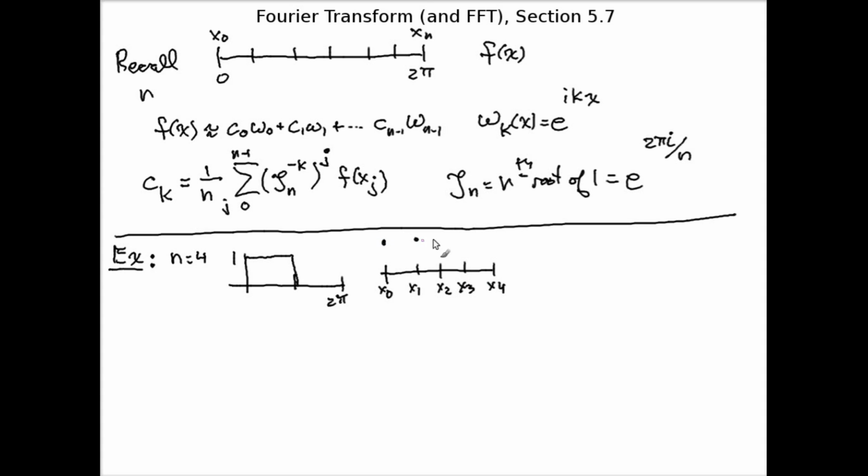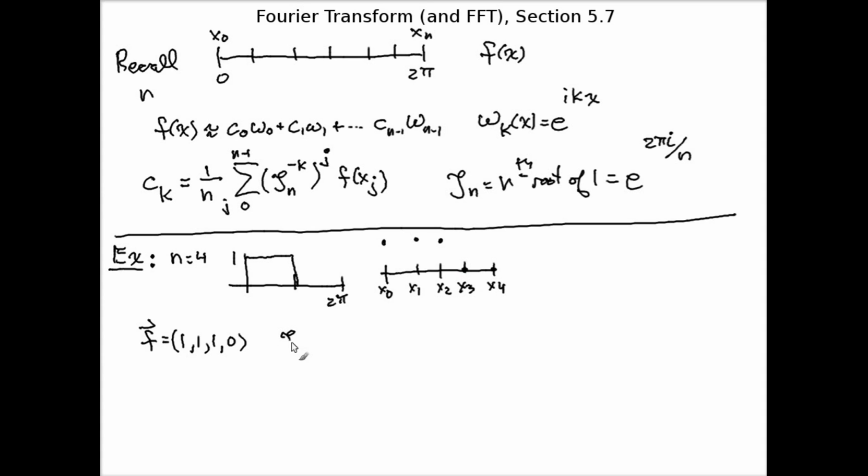And the value of the function was 1, 1, 1, 0, 0. So the first thing that you do is you make the value vector for the function, which was 1, 1, 1, 0. It's a 4 vector. You go up to x3. You don't need the x4. And then you make these other vectors.